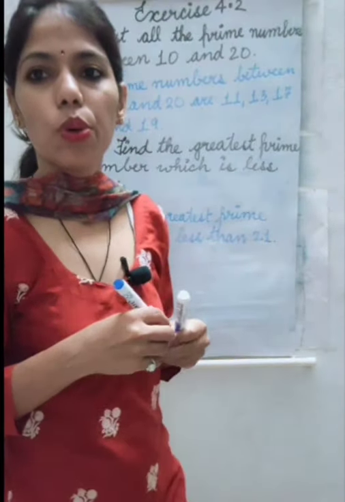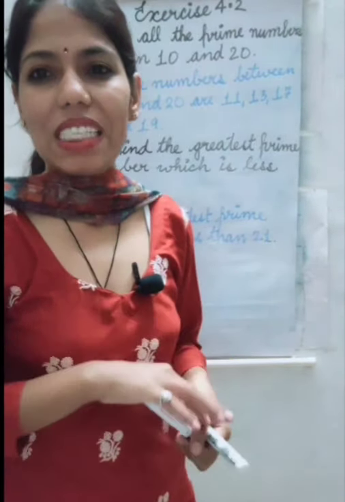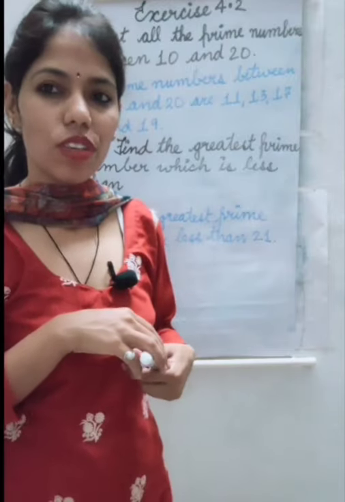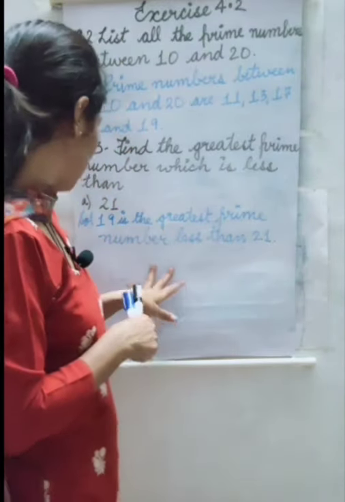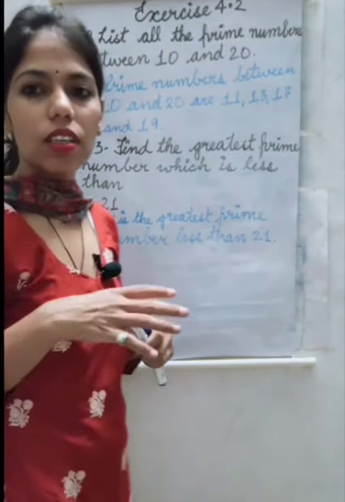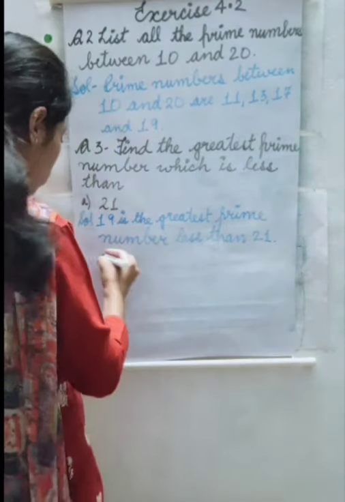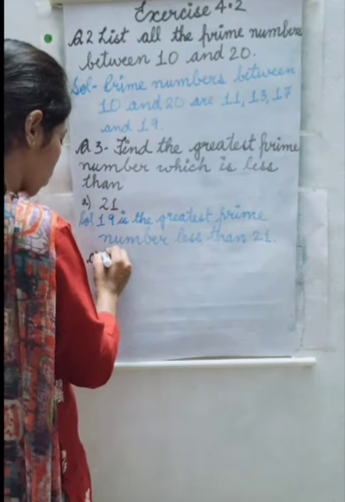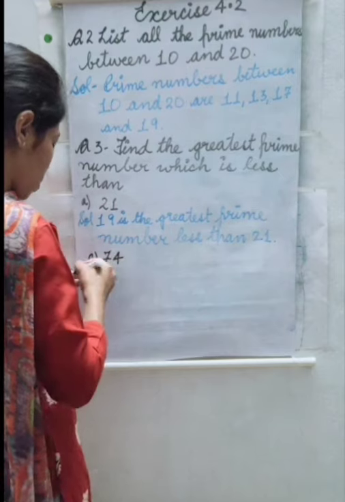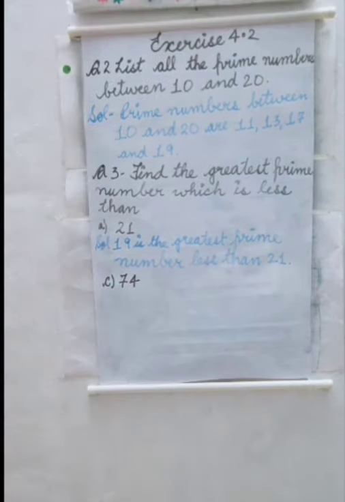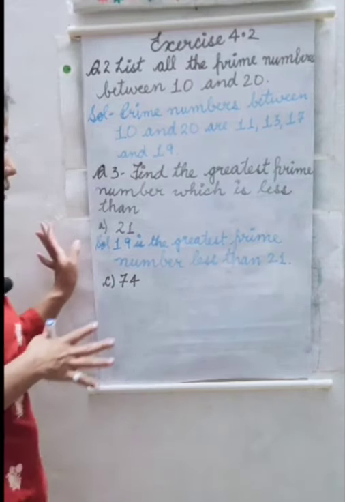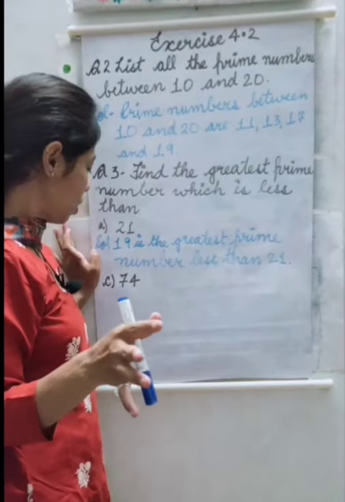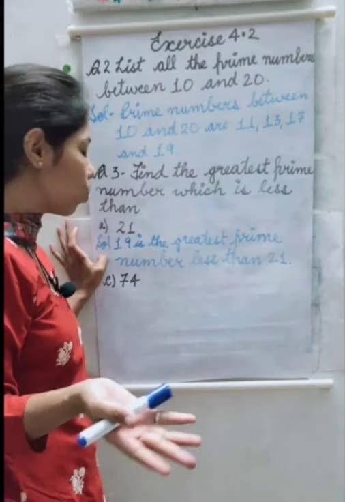Let's do part C, that is 74. For that we need space. Okay. Part C is 74. So as we know, 74 is an even number, a composite number.